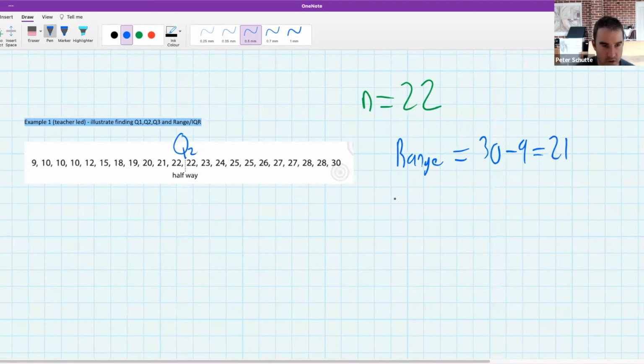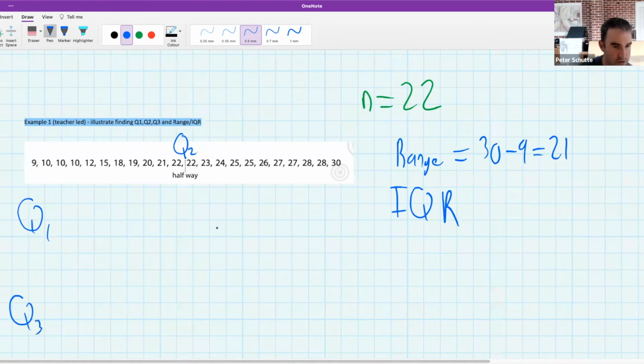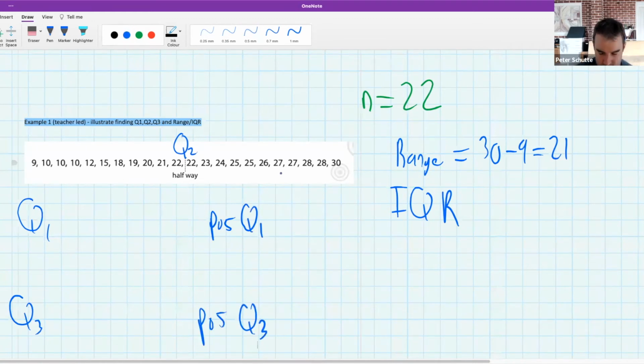What I want you to try and do by yourself now is find me the interquartile range, or the middle 50% of the data. In order to do that, you're going to need to find me Q1 and Q3. And to do that, you first have to find the position of both of these in the data set.